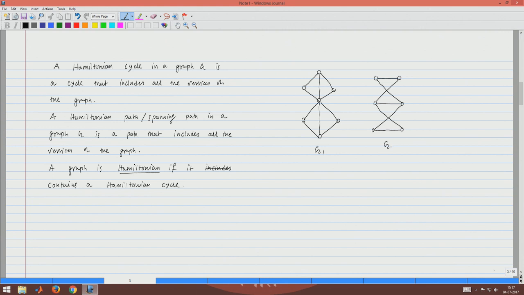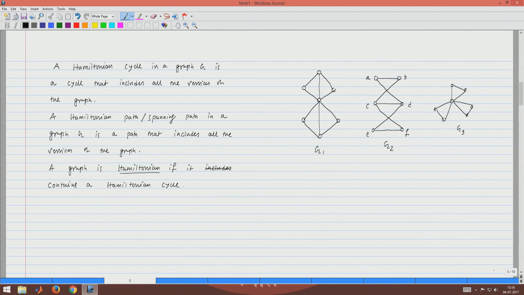Let me call this graph G2, and the third graph is this one, say G3. Now, if I label them A, B, C, D, E, F, I will talk about the graph G2 only.